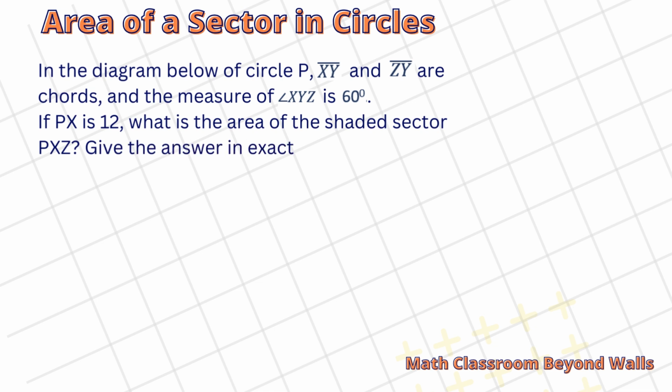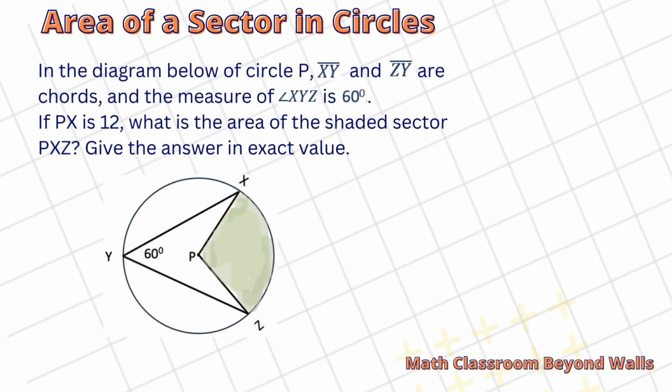Give the answer in exact value. A figure is given here. Have you read the problem? Okay, what are we looking for then? You are correct. We're looking for the area of the shaded sector PXZ. Furthermore, we are to give the answer in exact form.